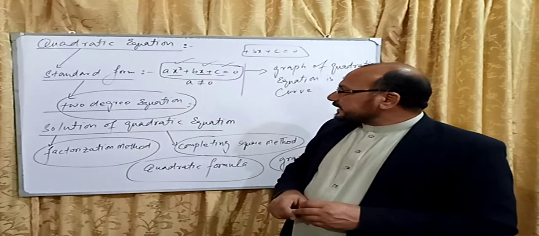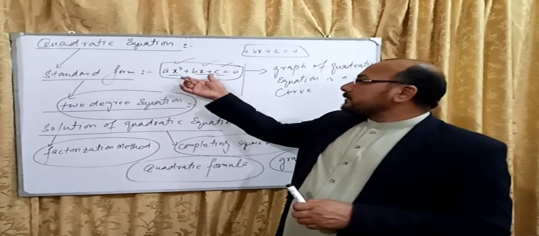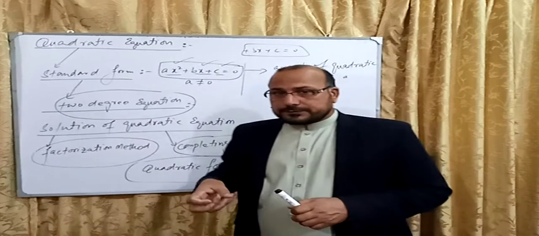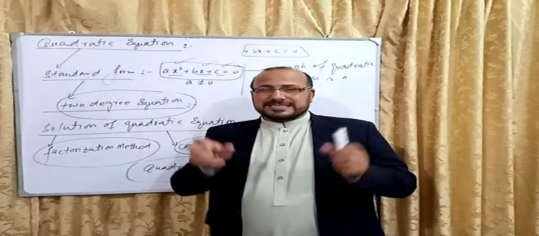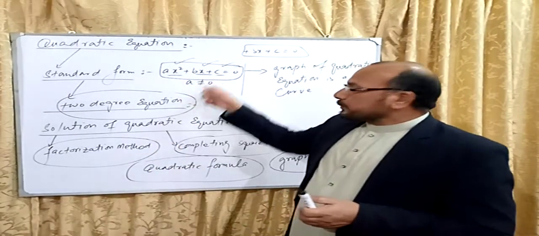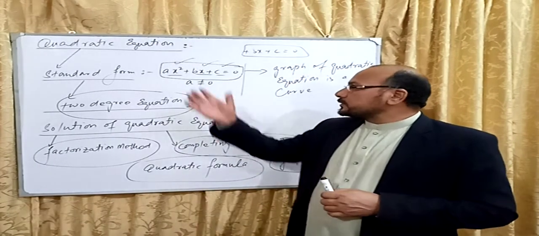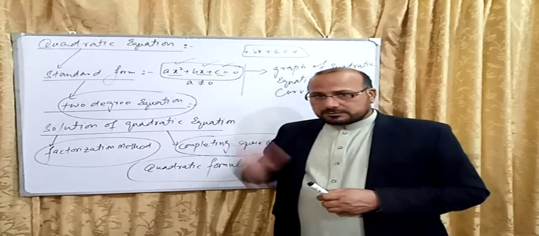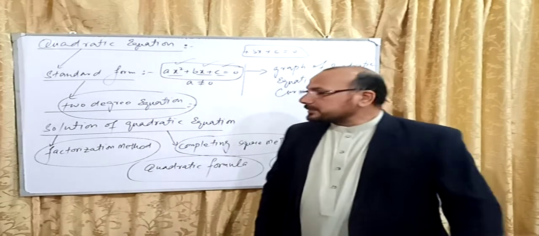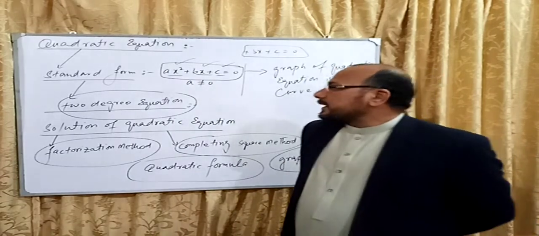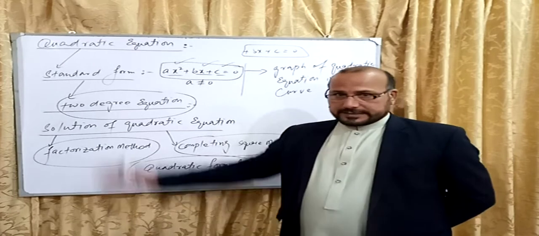So when we have the variable x, to prove this particular equation as a true statement of equality, we need to prove that the left hand side equals the right hand side. For that purpose, we have to find the solution set of the quadratic equation.